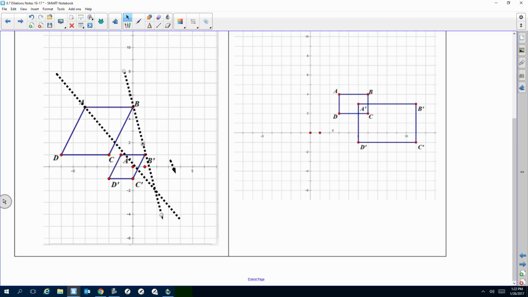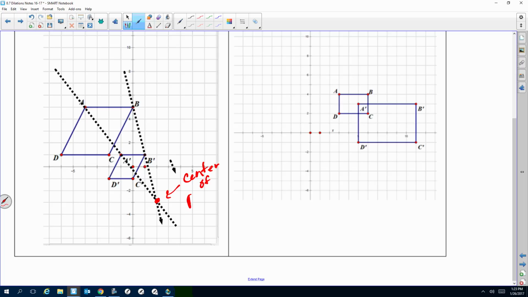Oh, I gotta move this one. Yep, 2, -3. So right here, you put a point there, and you would say that is your center of dilation. This is the point we are dilating that image from.